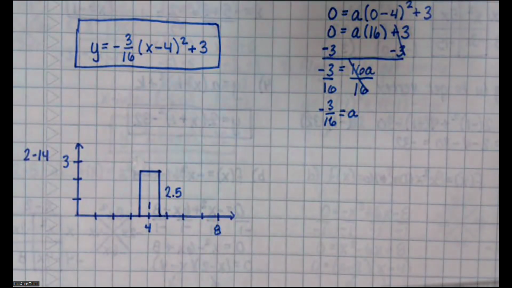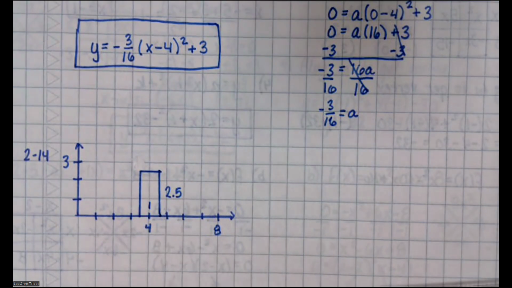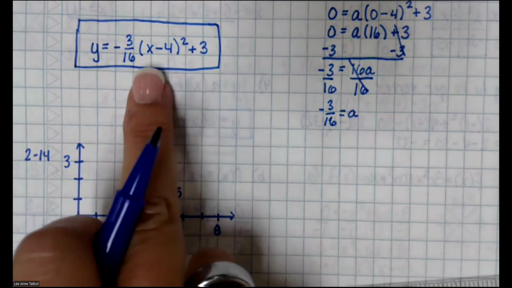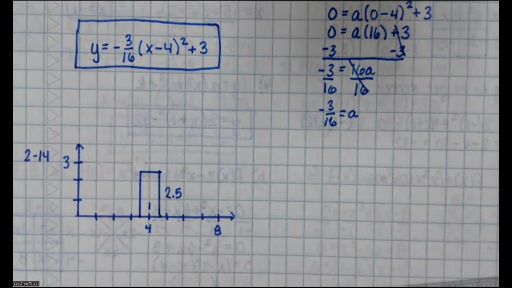Okay, so it's saying if the fence is 1 foot wide and 2.5 feet tall, and it does the same jump it did here, is it going to hit the fence?